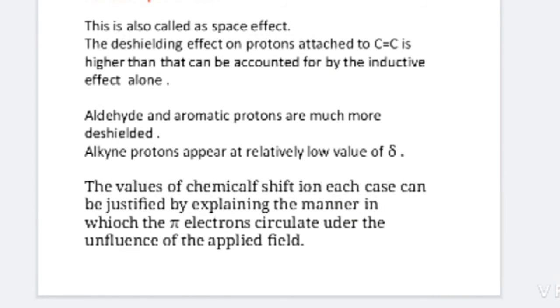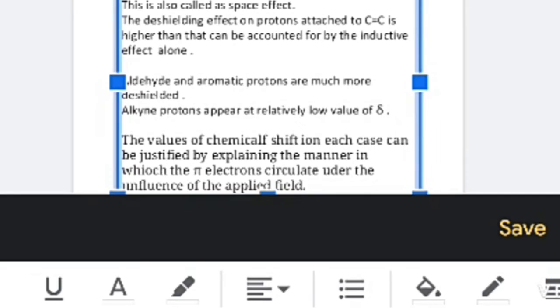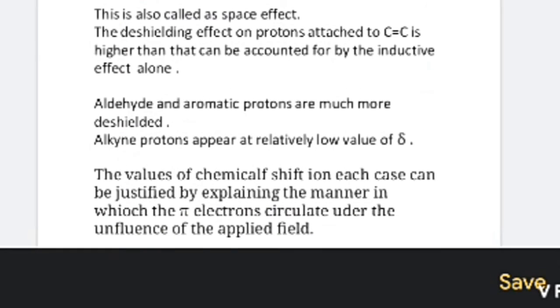This is also one of the most important things, that is anisotropic effect. This is also called the space effect. The deshielding effect on protons attached to C double bond C is higher than that can be accounted for by the inductive effect alone.